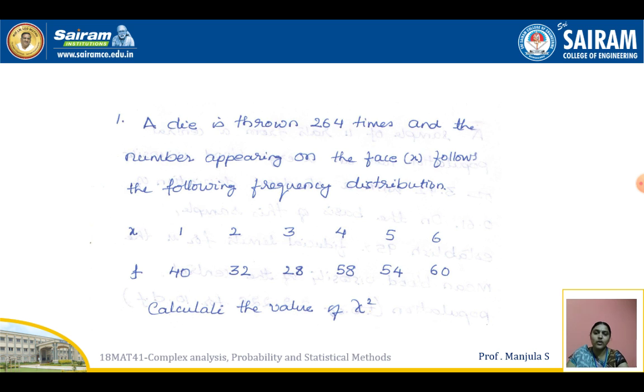If you toss that die, the number 1 will come 40 times out of 264 tosses. Similarly, the number 2 comes 32 times. The number 3, 28. Like that, the number 6, 60 times out of 264 tosses. Some data is already given in the question. With the help of that, we have to find the chi-square.